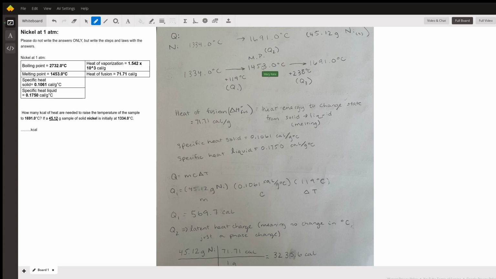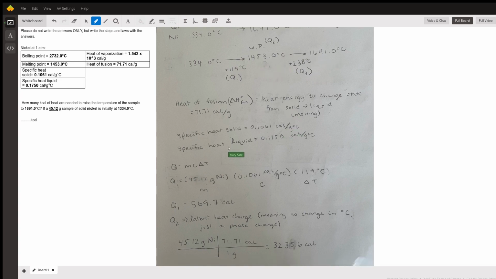This is only going to be changing the phase from solid to liquid. Then we're going to do Q3, which is a 238 degrees Celsius increase in temperature in a liquid. And that's just 1691 minus 1453. So for that one, we're going to use our specific heat liquid.